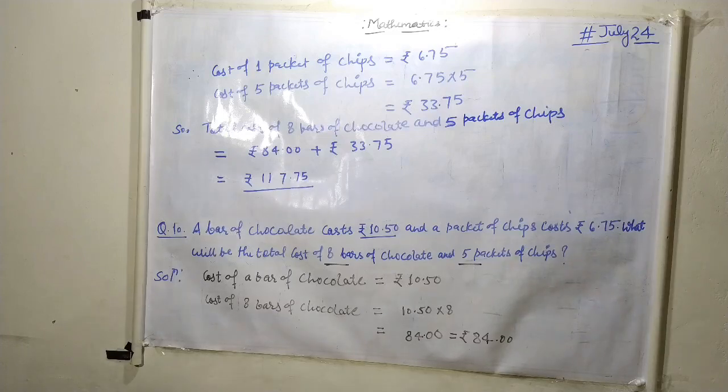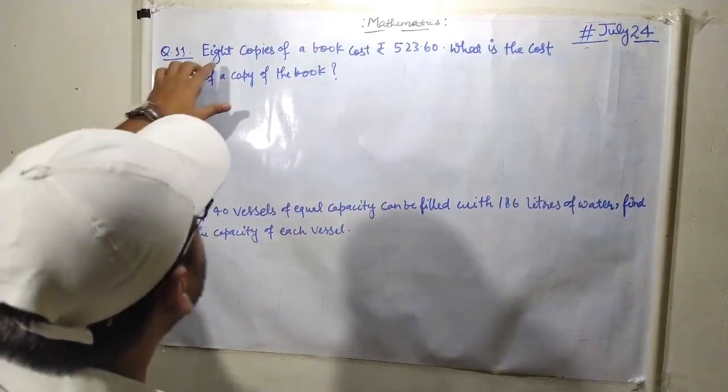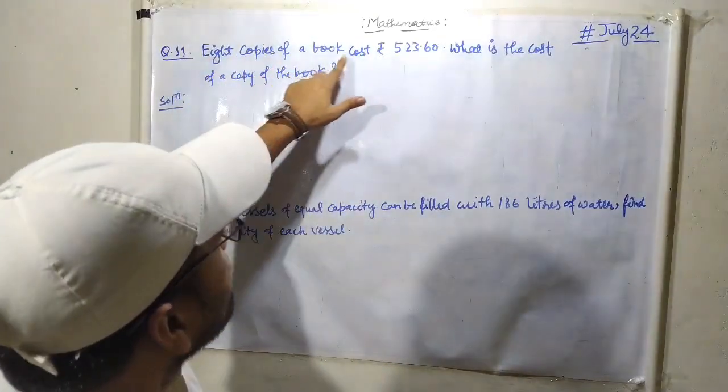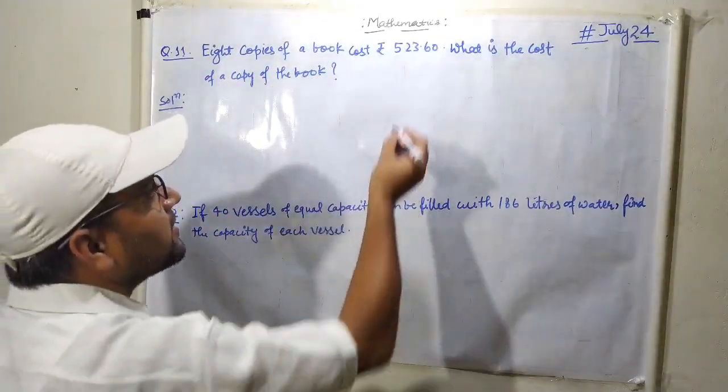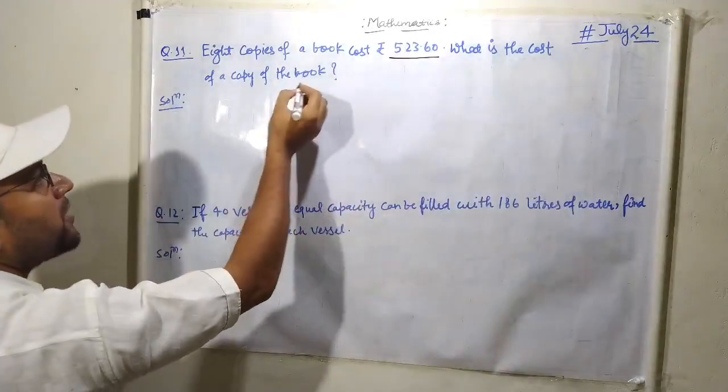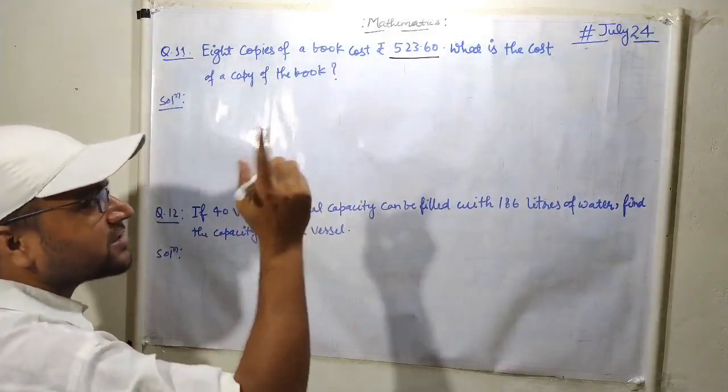Then after question number 11, I am going to do question number 11. Question number 11: 8 copies of a book cost rupees 523.60. What is the cost of a copy of a book? One copy's cost is being asked.